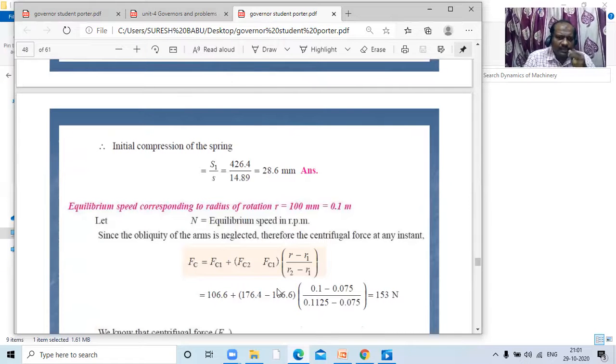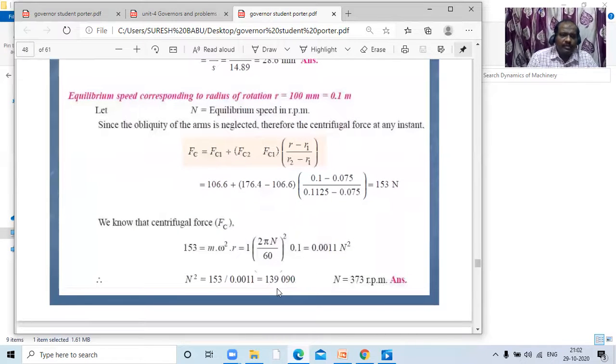Fc1 you have calculated for minimum centrifugal force. Fc2 is maximum centrifugal force. R is mean radius. R1 is minimum radius. R2 is maximum radius. By substituting all the values, we are going to get a centrifugal force for mean radius of 153 newtons.